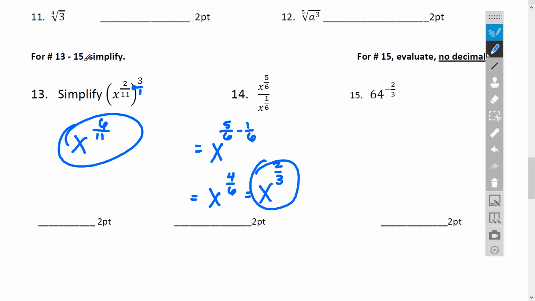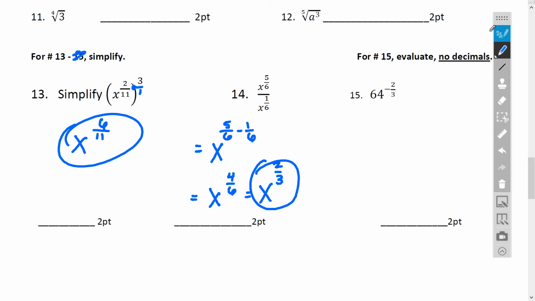Now number 15, it says here to simplify, but we're supposed to evaluate without a decimal. That means no plugging it into the calculator, we just need to evaluate it. There's a couple of steps to this one. First, we are not allowed to have a negative exponent. So to make it a positive exponent, we'll put it in the denominator.